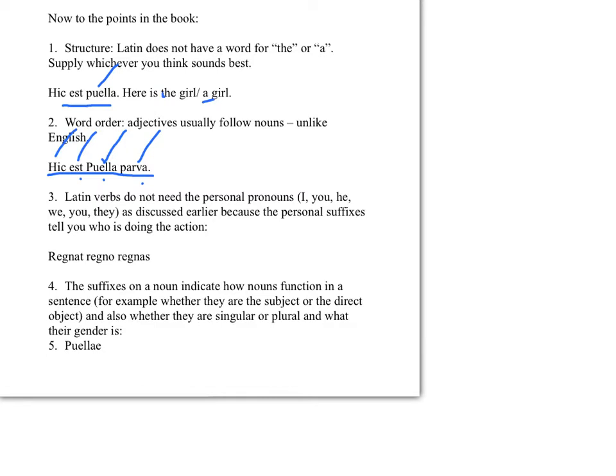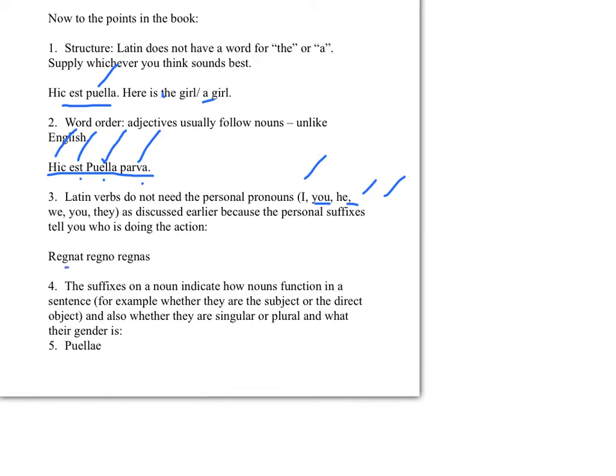Third point in the textbook is that Latin verbs do not need to use the personal pronouns. This is something I've mentioned to you before. The personal pronouns are the words in English I, you, he, she, or it, we, you, and they. Latin does not need to use the personal pronouns because the ending of the verb tells you who is doing the action.